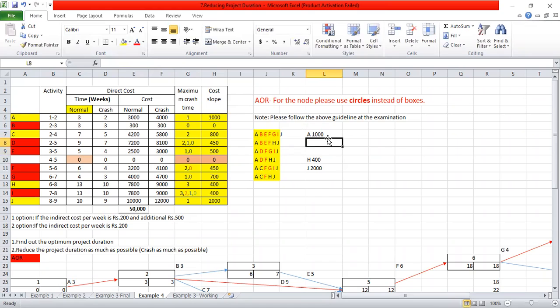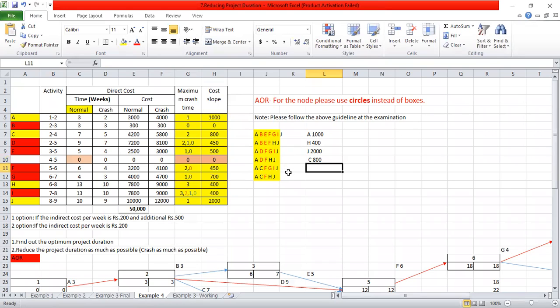A is having 1000, H is having 400 and J is having 2000. C is having 800.